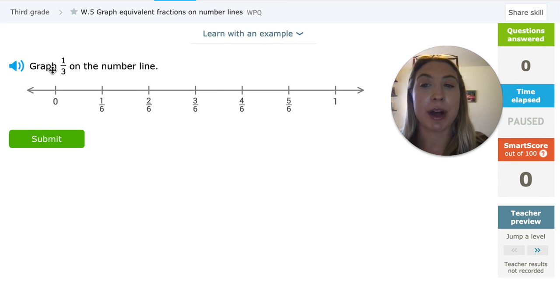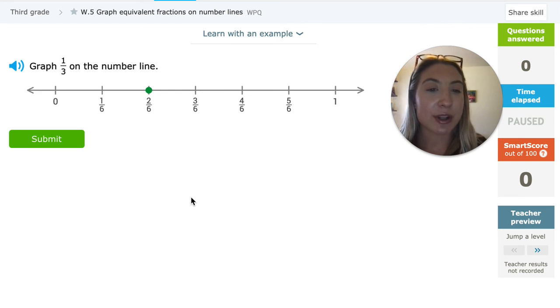So I'm going to multiply the top and the bottom number by 2 to figure out the equivalent fraction. So 1 times 2 is 2, so that'd be my numerator, and then 3 times 2 is 6. So 2/6 would be my equivalent fraction to 1/3. Since they're equivalent, that means they're equal. They're the same fraction, they just have different numbers.